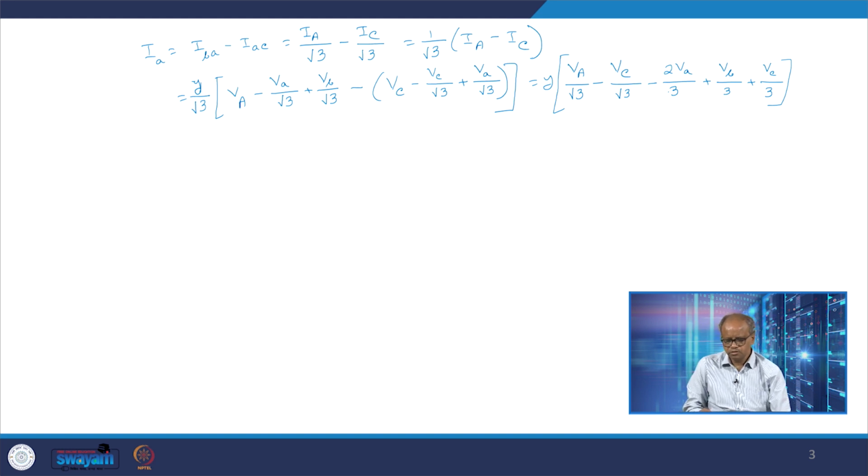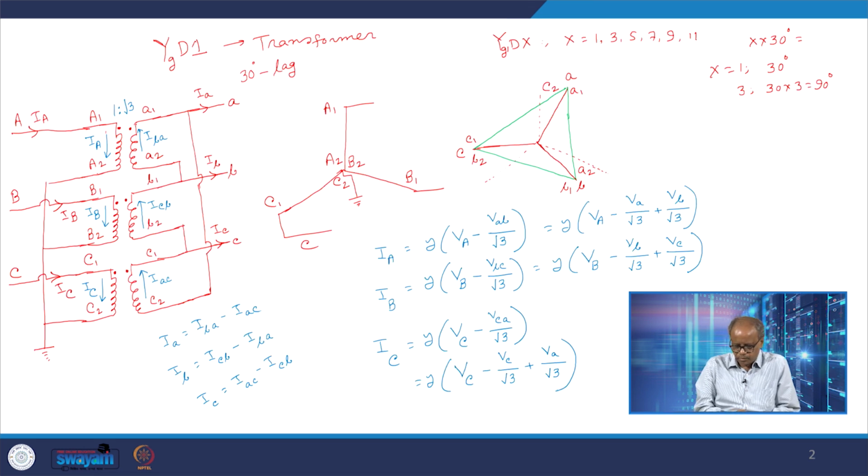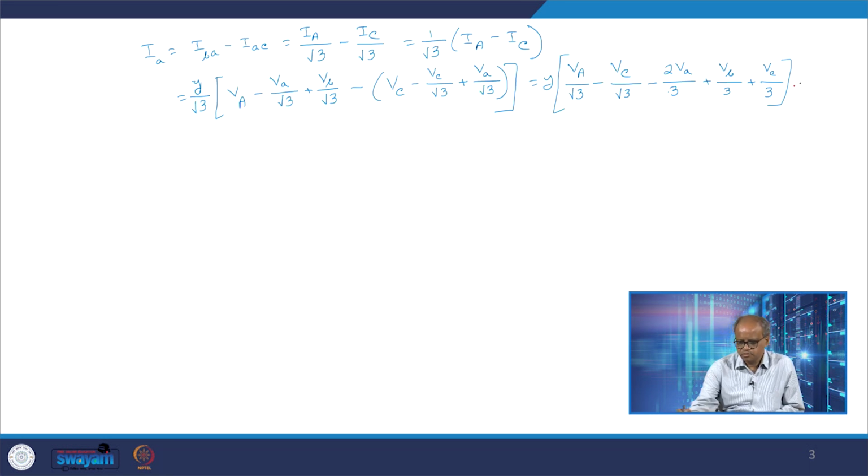So this is the equation for IA. Let us give the equations some numbers. Let's say this is equation 1, this is equation 2, this is equation 3, and this is equation 4. So here we have used equations 1 and 3.